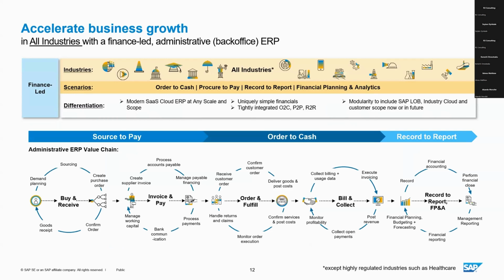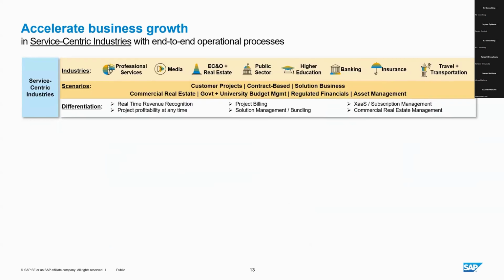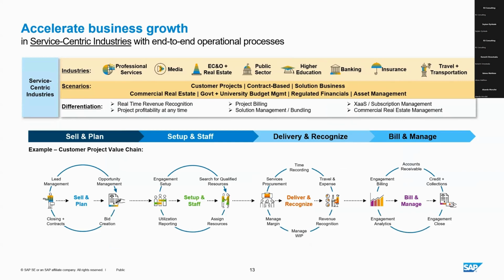So we have the S/4HANA all-industry best practice. Here for all industries, we have sourcing, process, accounts payable, confirm customer order, bill and collect, record to report. And also in the next slide, we see we have industry-specific solutions. Here it covers professional services, media, EC and O, real estate management, public sector.